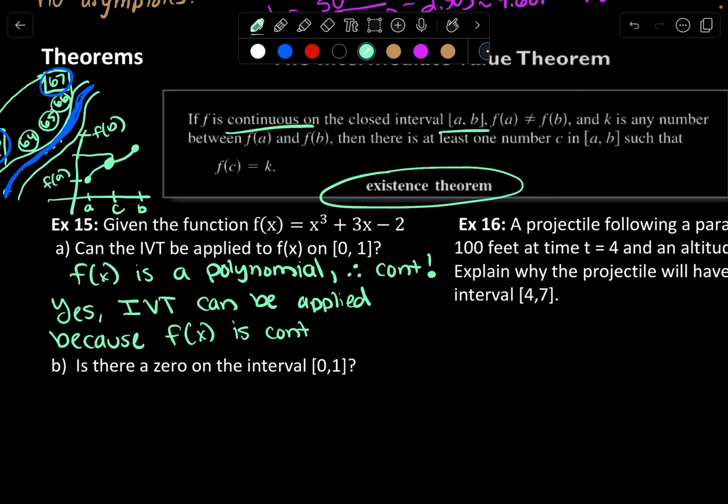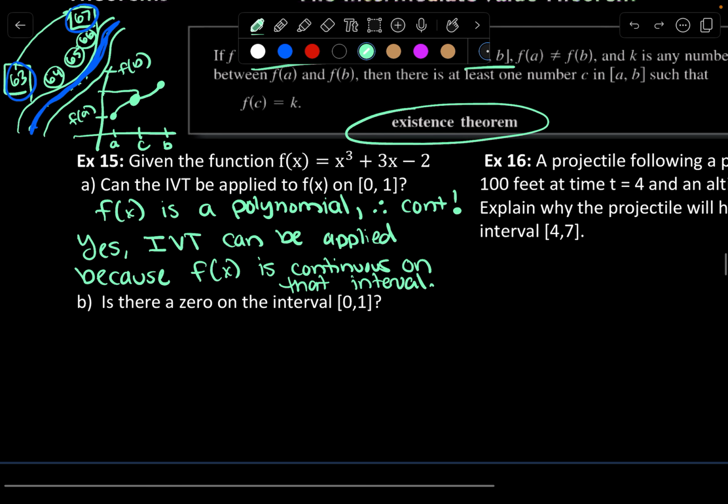Now, if we wanted to go further, we could say f of x is continuous on that interval. So that means you can have a function that has a discontinuity, but as long as it's not in the interval that we are applying IVT, you can still apply the intermediate value theorem on that function on that interval.